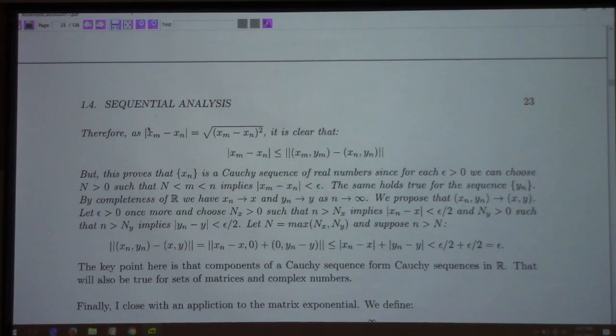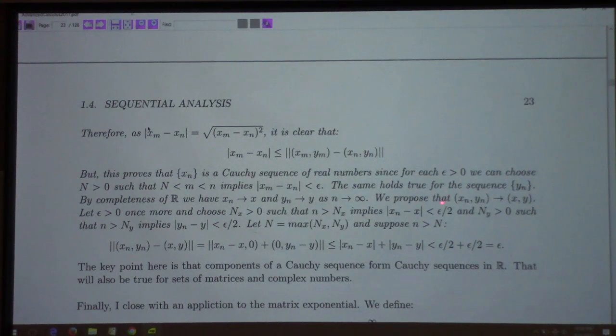But I know that the reals are complete, so that means that this xn converges to something, let's say x. A very similar argument, I can say ym minus yn is less than this. So yn is a Cauchy sequence of real numbers, consequently converges to y.